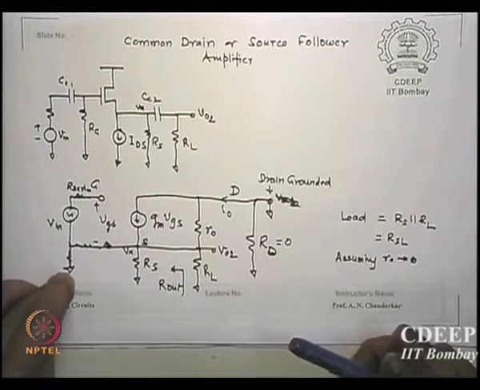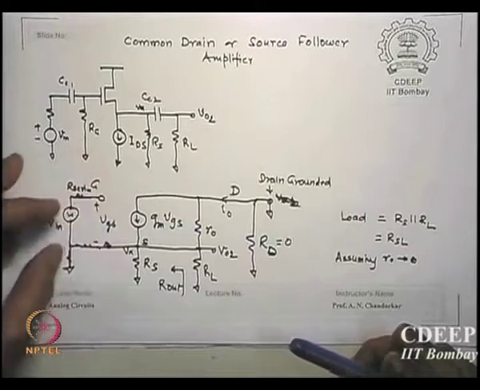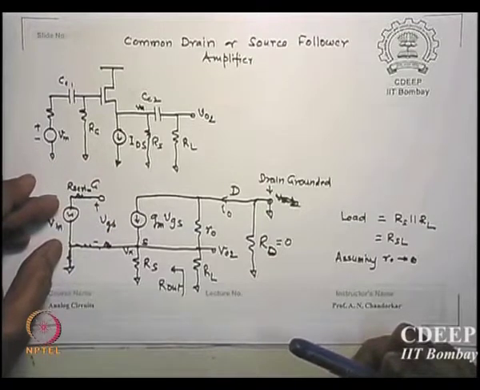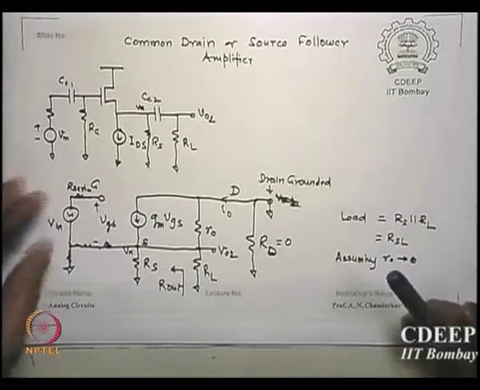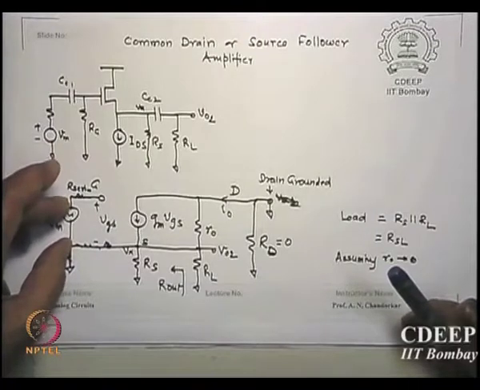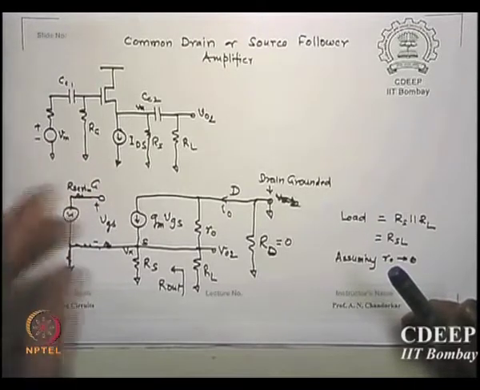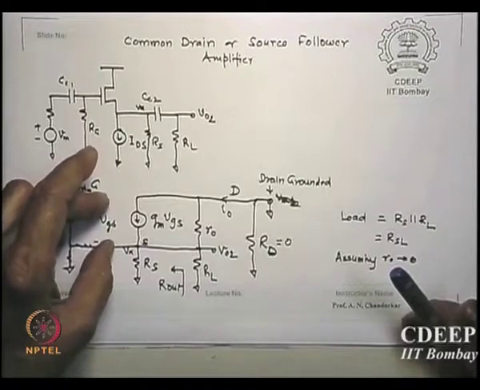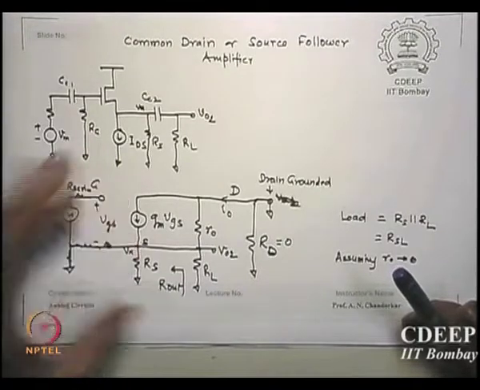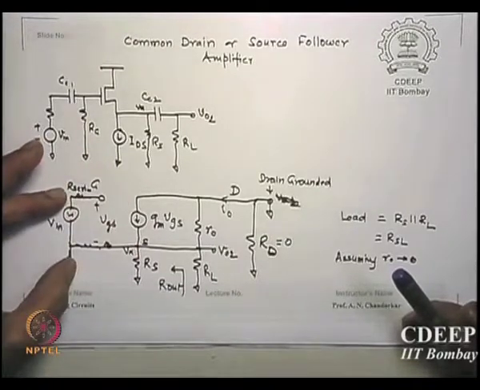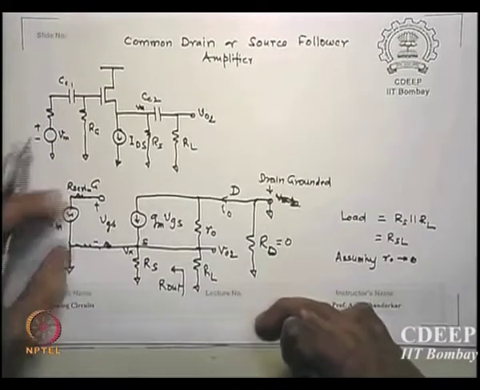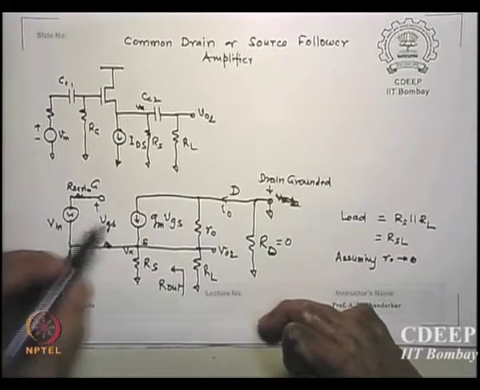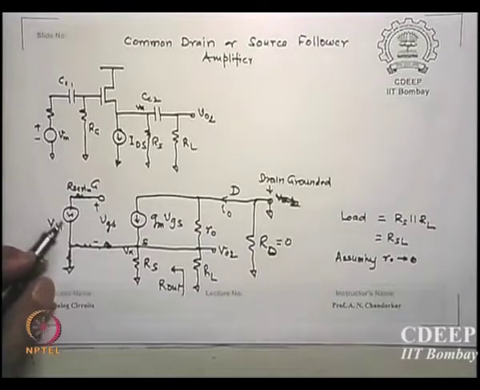If this is not grounded, then an issue will come. VGS will be equal to Vn in fact, but that is not true. What you are saying is very correct. This input voltage, assuming R series is 0, this voltage plus this voltage is actually the Vn. Is that correct? Rg of course is across it, so it does not have any problem.